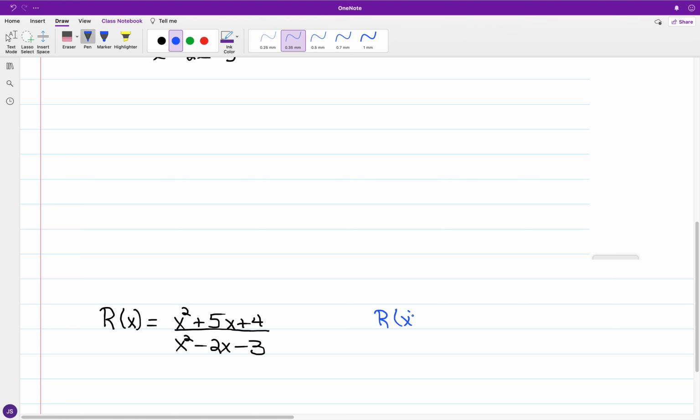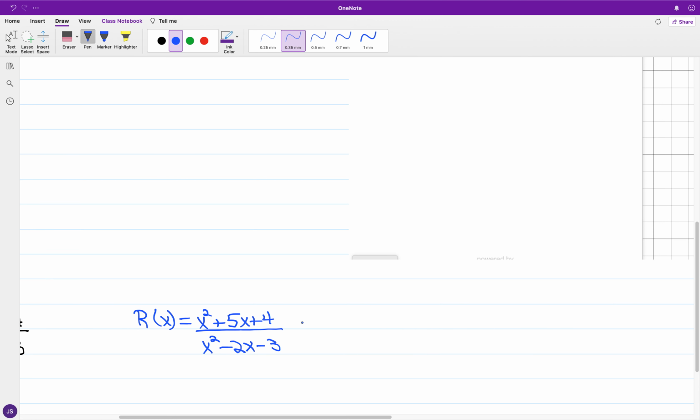So just to restate, with the factored form, I have the quantity x plus 4 times the quantity x plus 1, all over the quantity x plus 1 times the quantity x minus 3.